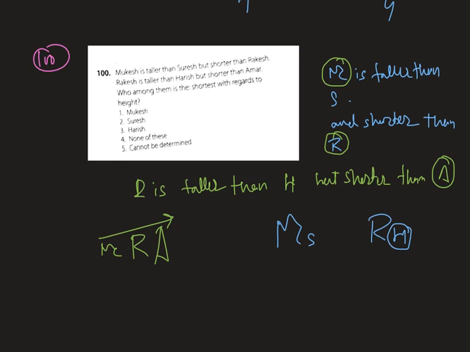But there is no relation between Harish and Suresh. Therefore, we cannot establish the height hierarchy between all the five of them, so we cannot find who is the shortest one among all five persons. Therefore, the right answer is option 5, cannot be determined.